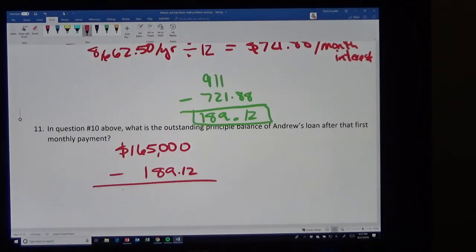And that leaves us owing $164,810.88 is our loan balance.